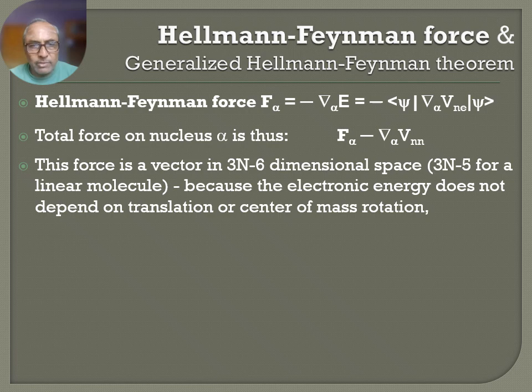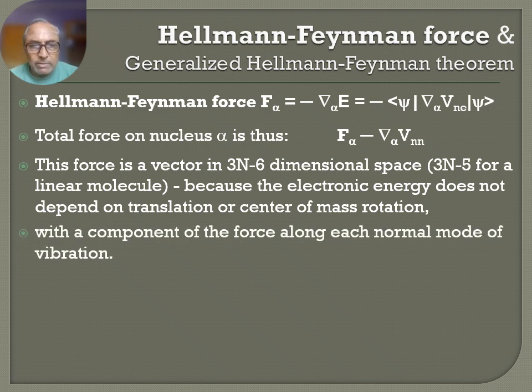This force is a vector in 3N minus 6 dimensional space, 3N minus 5 for a linear molecule, because the electronic energy does not depend upon the three translational coordinates and the center of mass rotation. And it has a component of this force along each normal mode of vibration.